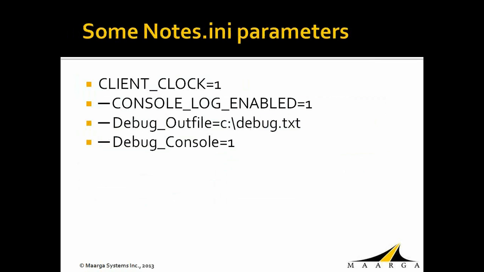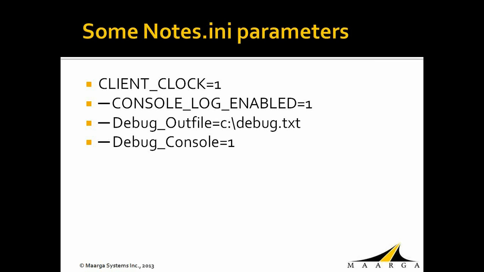Some notes.ini parameters that we need to have a look at on the desktop: there is a parameter client_clock, and there's another parameter console_log_enabled. If you set these two parameters to 1, and if you want the output of this logging to be recorded in your local file and you give the path of the file, what happens is when you access applications from your Lotus Notes client, there is this file that is getting constantly updated.